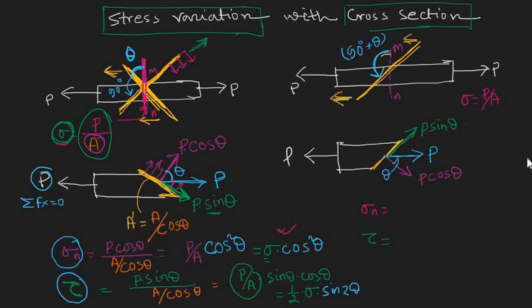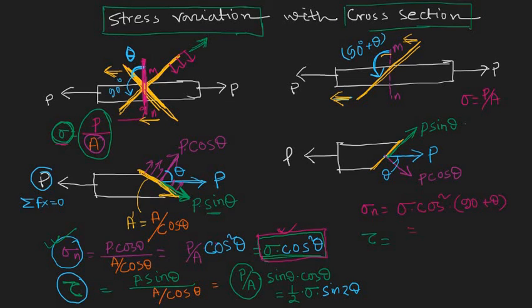I will simply put theta equal to theta plus 90 degrees in this equation. For sigma n, I will put in this equation, sigma times cos square, and instead of theta I will write 90 plus theta.